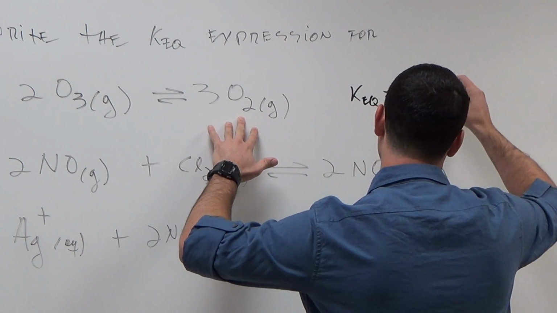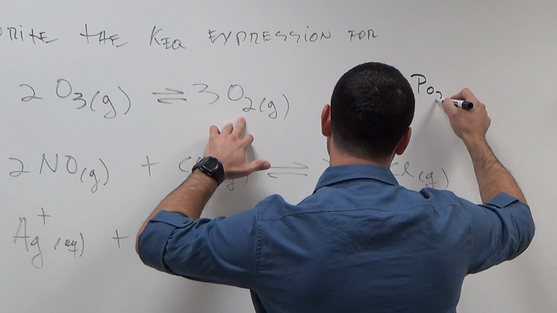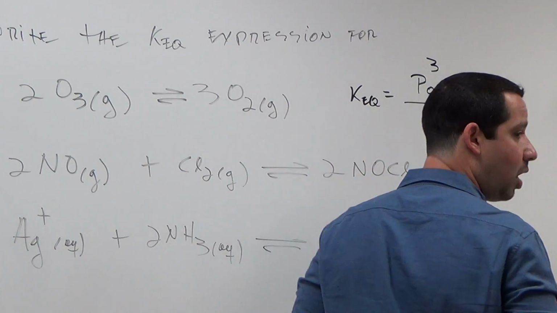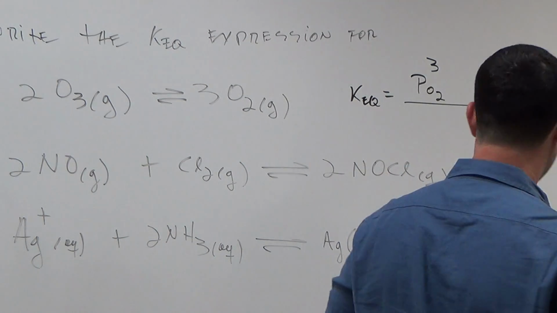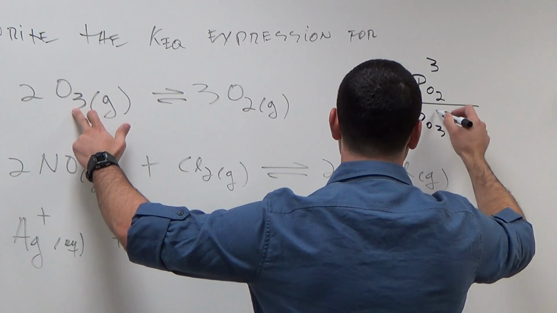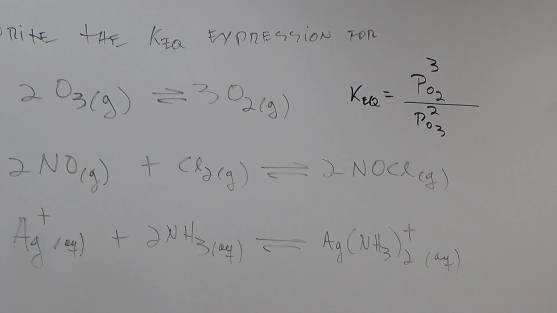These are gases. Products divided by reactants, yes? Yes, sir. So the pressure of O2 raised to the third power, that's a product. Yes or no? Divided by the pressure of O3, which is a reactant, raised to the second power. And that's it. You got your points for that question.